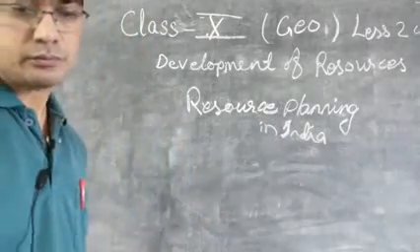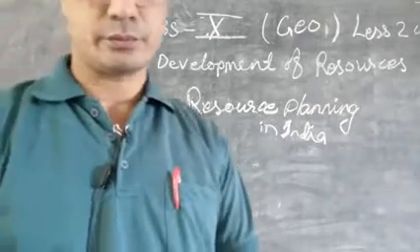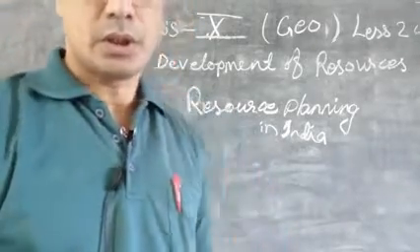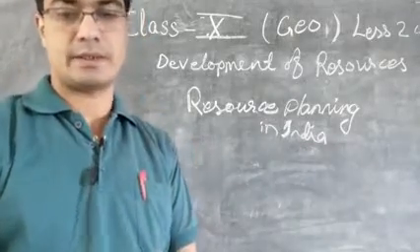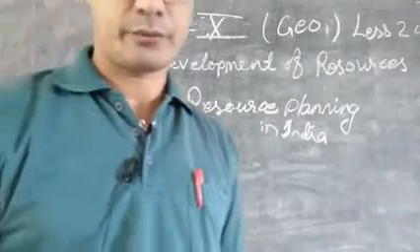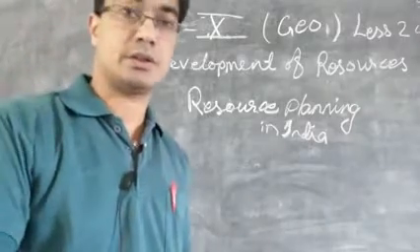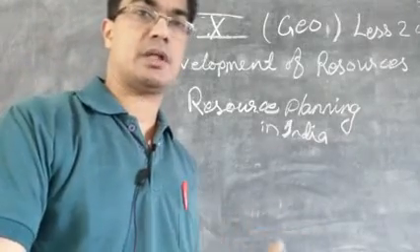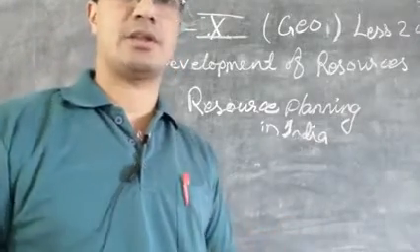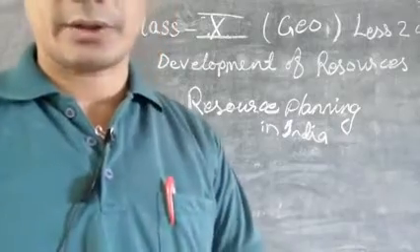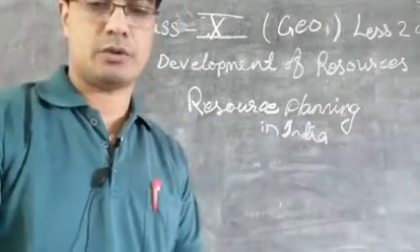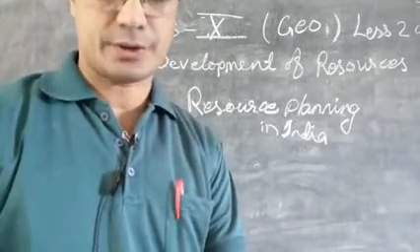We know in India some regions, like some states, have a lot of resources, as I already said, but some other states are starving. There is a lot of shortage of essential resources.